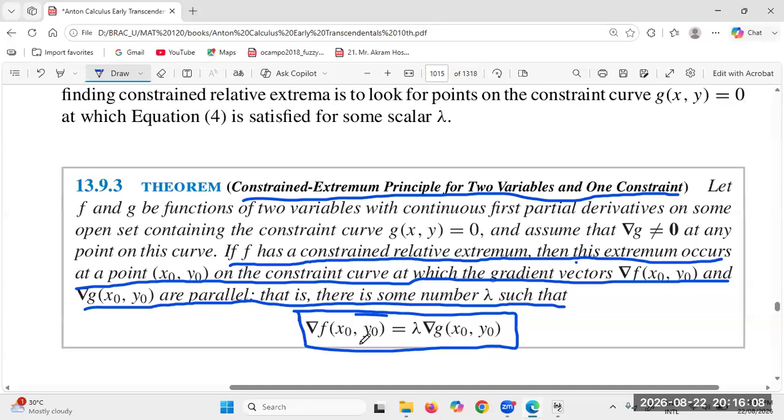According to the Lagrange multiplier, we will have the maximum quantity of the function under the restriction g of x comma y when these two quantities are parallel. Gradients of these two quantities are parallel. We can find this from the theorem, that is theorem number 13.9.3. Right, sir? Yes, sir. Thank you.